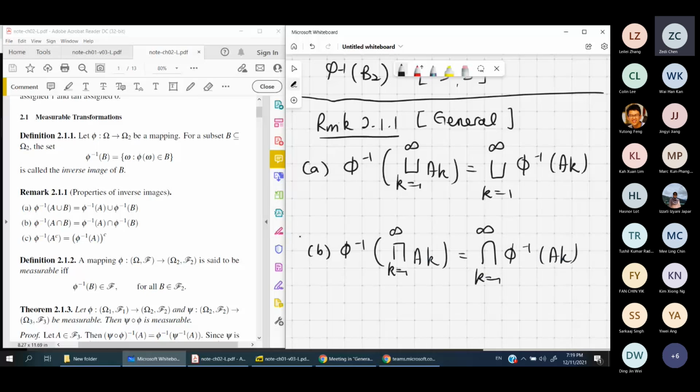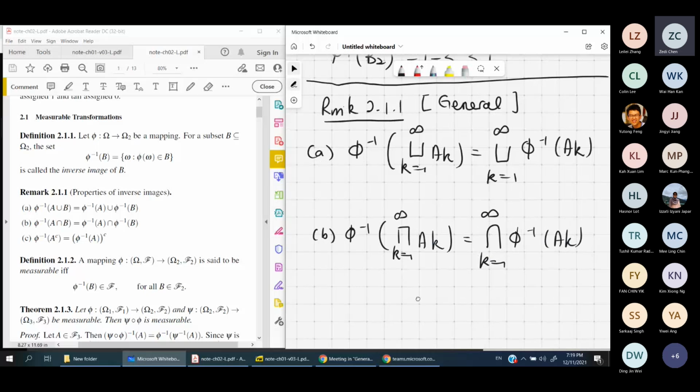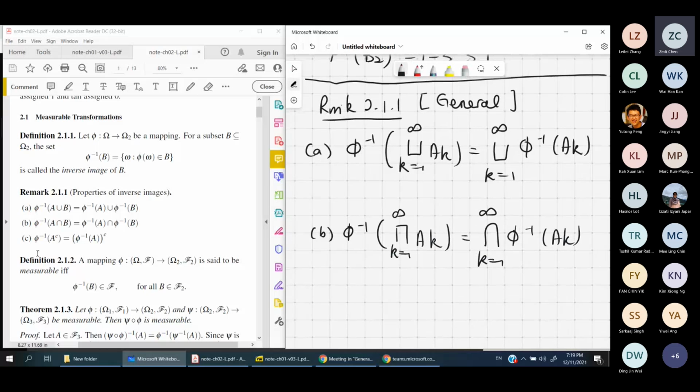Okay, so next, come to here. The next definitions, we need to apply some of the techniques for this inverse image. That's the reason why we consider definition 2.1.1 and remark 2.1.1 here. So these are so-called measurable functions.